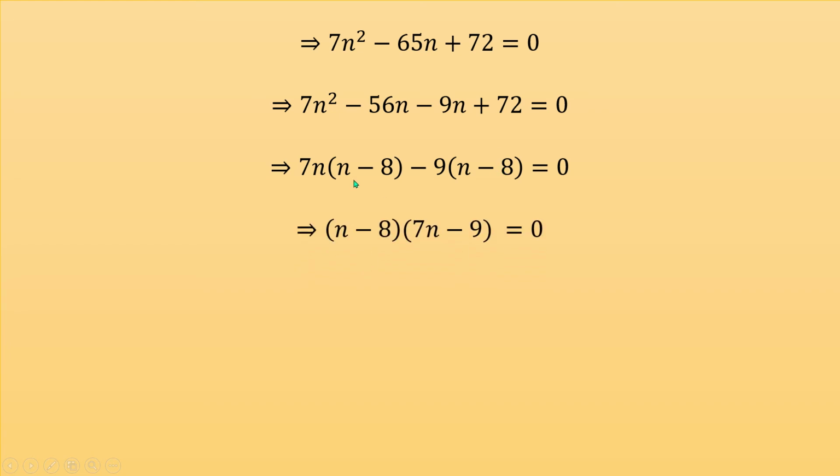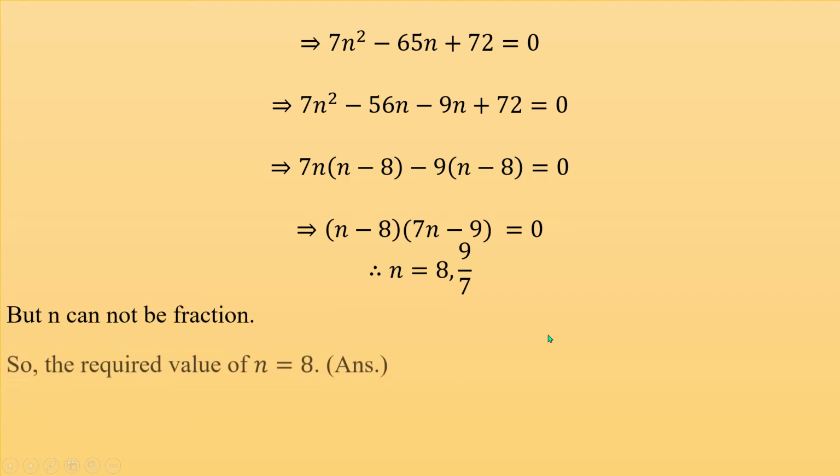Now we can write n minus 8 into 7n minus 9 equals 0. Therefore n is equal to 8 and 9 by 7, but n cannot be a fraction because n is a natural number, and the required result n is equal to 8. This is the required answer.